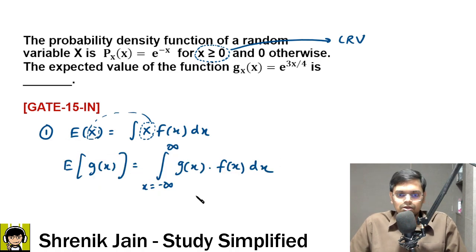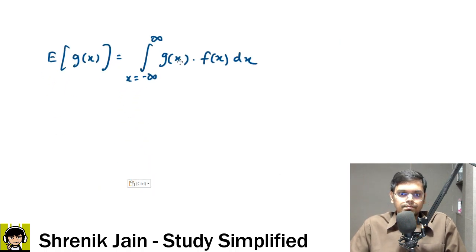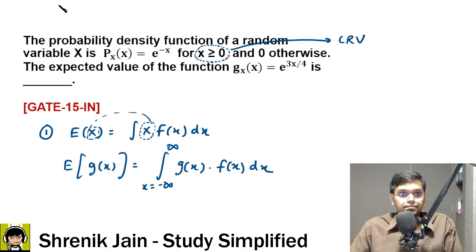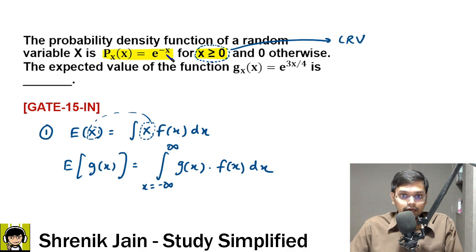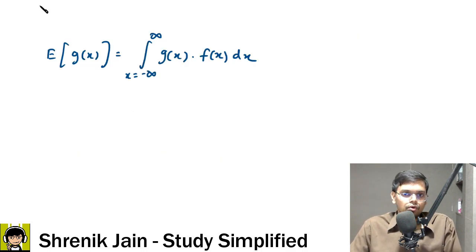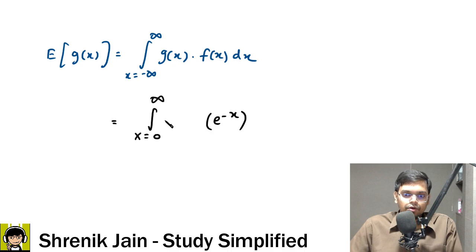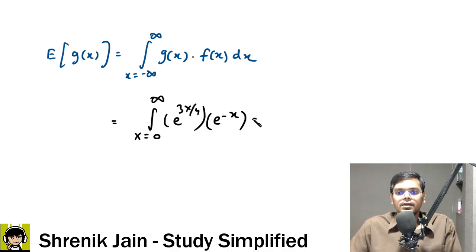Now guys, please check it out. As per the question, when x is greater than or equal to 0, our PDF works like this, and our g of x is this. So make a note, my integral is x going from 0 to infinity. In that case, my f of x is e to the power minus x, and my g of x in the question was given as e to the power 3x by 4, and dx.